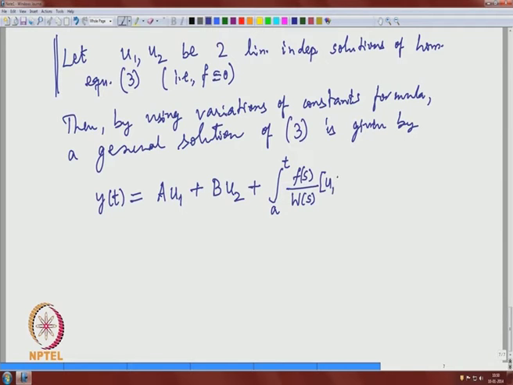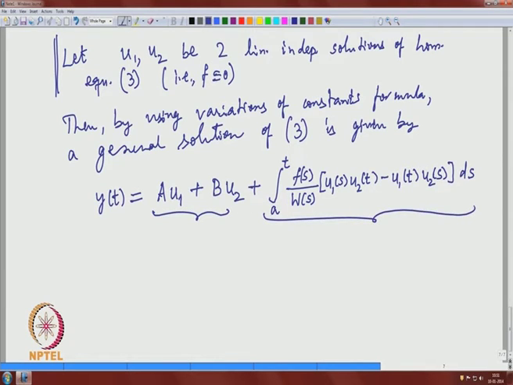So, u1 s u2 t minus u1 t u2 s ds. Okay. So, this is for the homogeneous equation and this is for the inhomogeneous part. So, this is the general solution of 3.